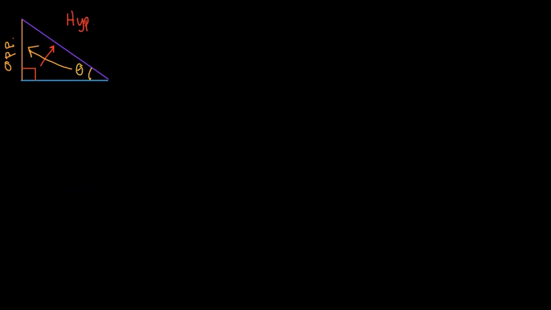What I should have done was written this in purple. This is the hypotenuse, HYP. Just had to switch colors there. The final side length that is present in a right-angled triangle is the one that is next to the angle that has been provided. It is adjacent to this angle theta. And this side length is called the adjacent.